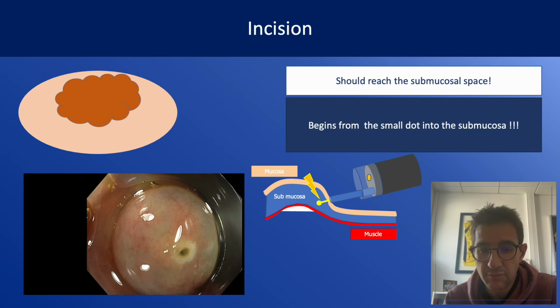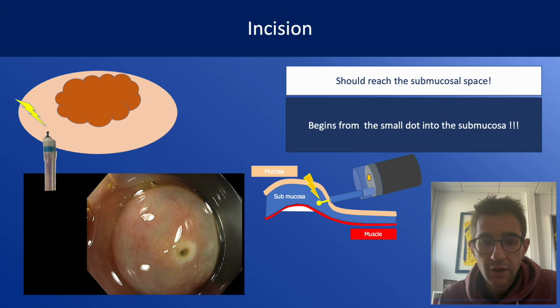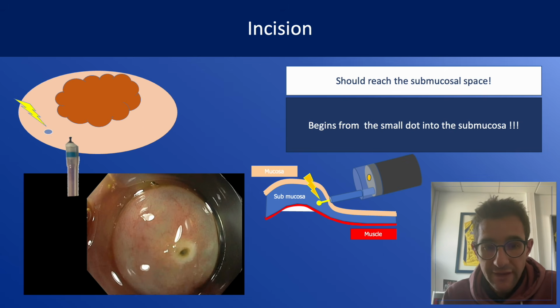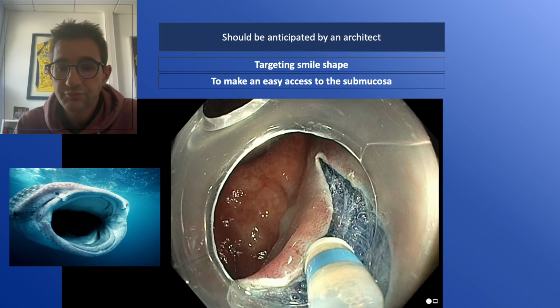But if you do a small hole, relatively deep, you repeat to be sure to be in the blue. You inject to be sure you have reached the blue layer, and therefore you will begin to move at the good depth with the tip of the needle at the good depth. So small dot and moving. Once again, it is described very precisely in the incision episode.